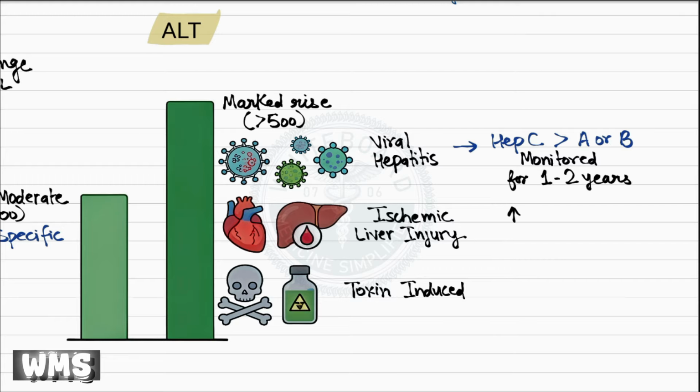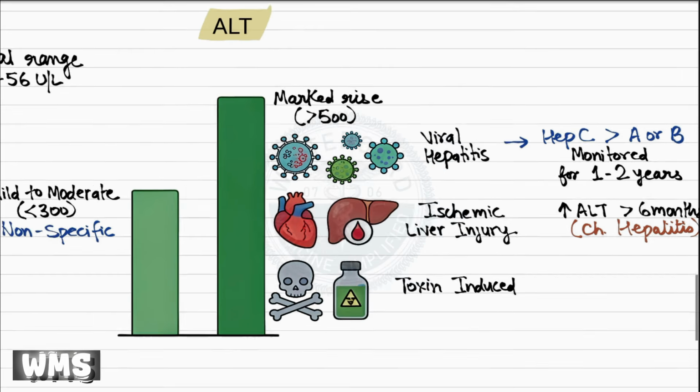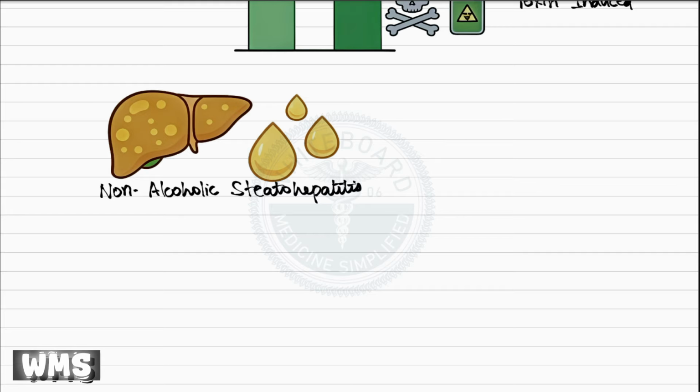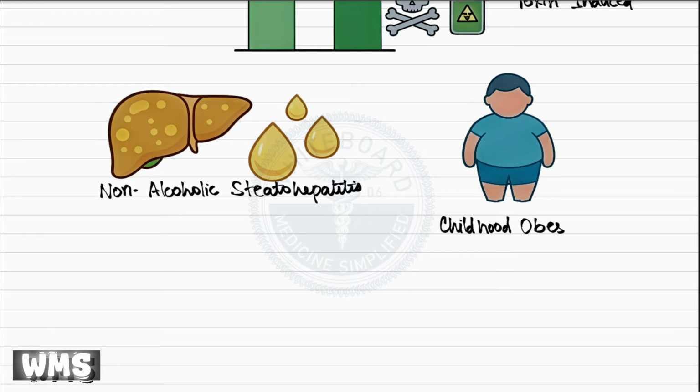And if ALT remains elevated for more than 6 months after an acute episode, it supports the diagnosis of chronic hepatitis.